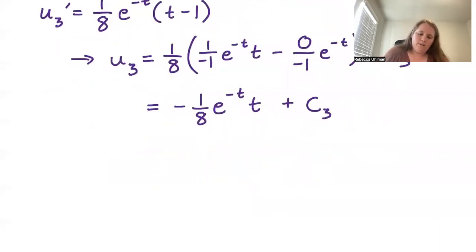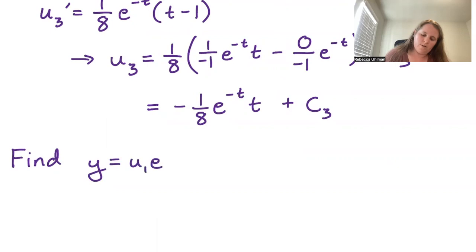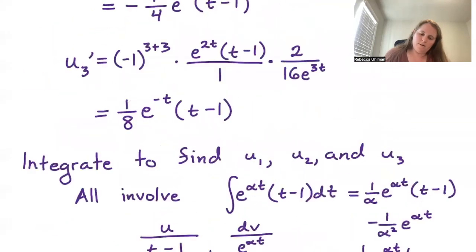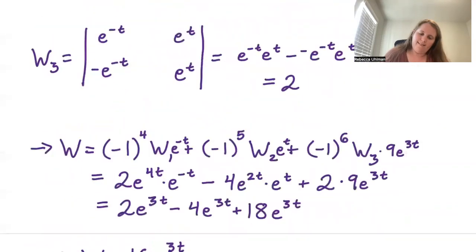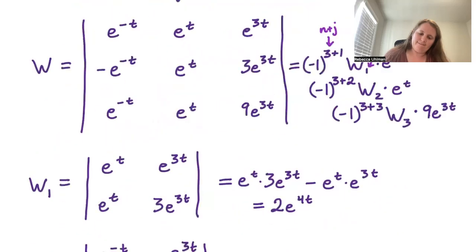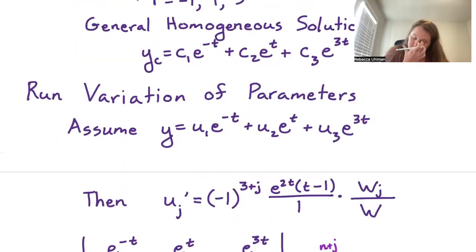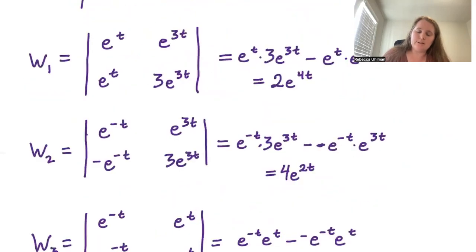Putting these all together, so now find y, which was u1 times e to the -t plus u2 e to the t plus u3 e to the 3t.